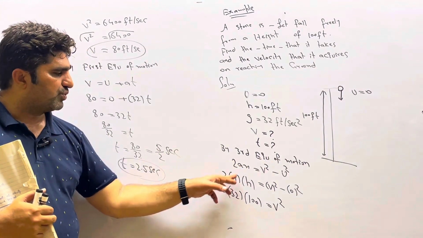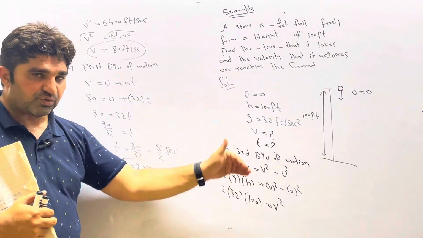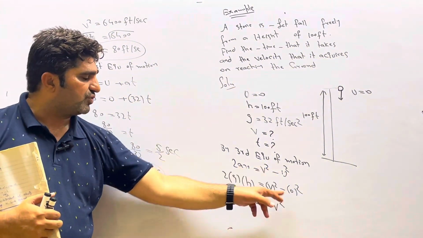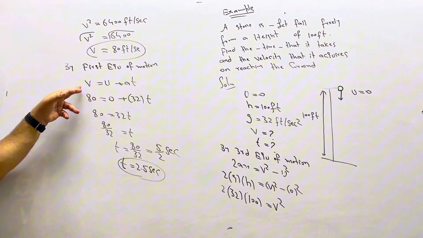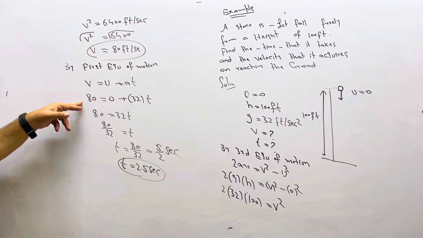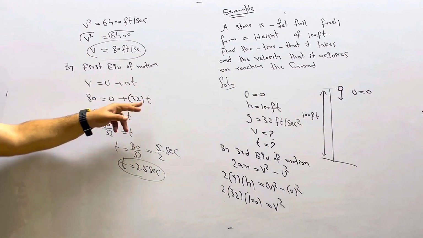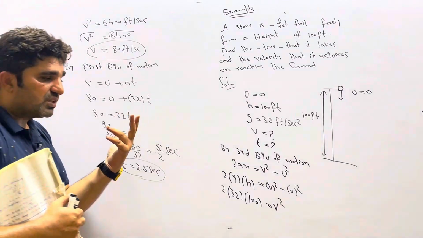I put a equal to g, x equal to h, because x means distance traveled and the particle has to cover a distance like the height. Initial velocity is 0, you put the values, and we got v. Then we use the first equation of motion, v is equal to u plus at. We have the final velocity, we have the initial velocity already, a means g, and I got t, so I got the time traveled by the particle during this journey.